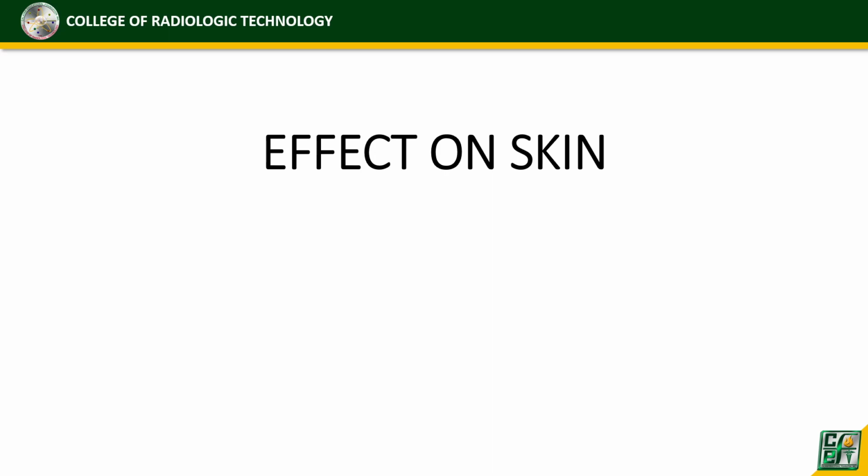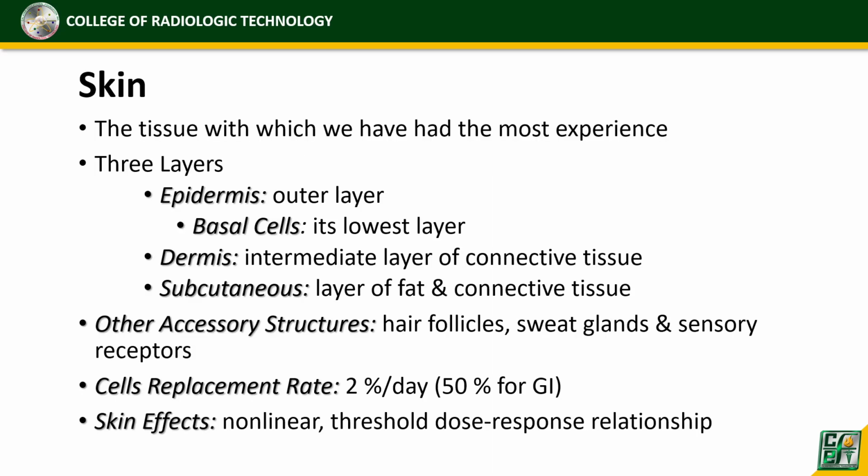Then effect on skin. So skin, it is the tissue which we had the most experience of exposure. Okay? So meron siyang 3 layers. Balikan natin ng konti ang anatomy niya. The epidermis, the outer layer, then the basal cell, it is the lowest layer of the epidermis.